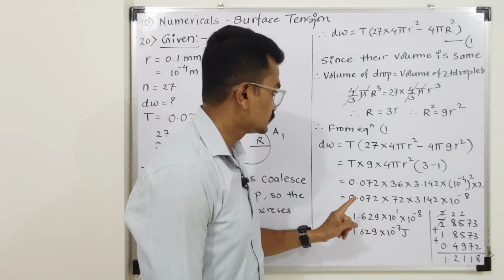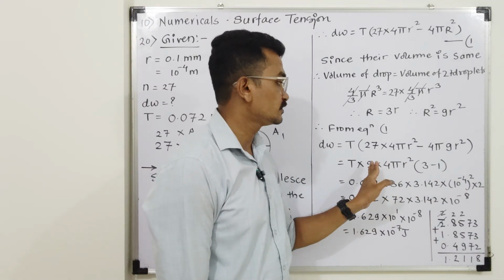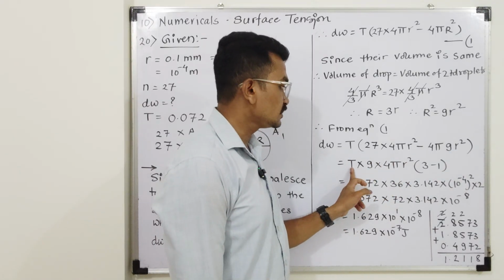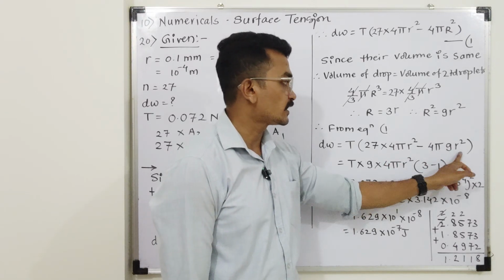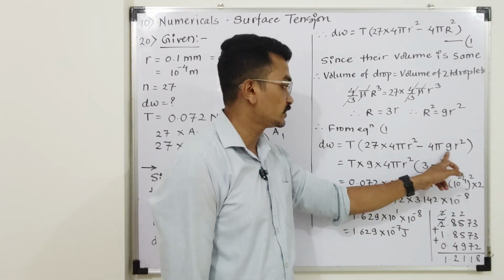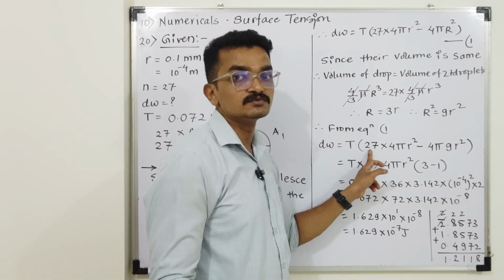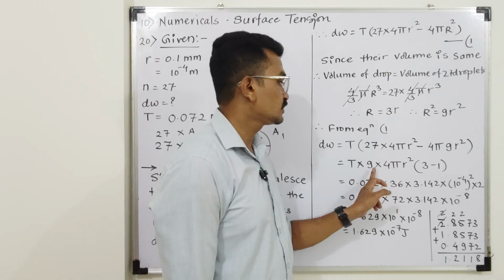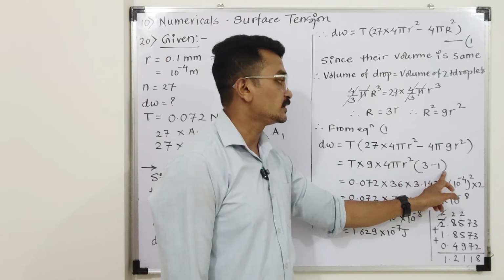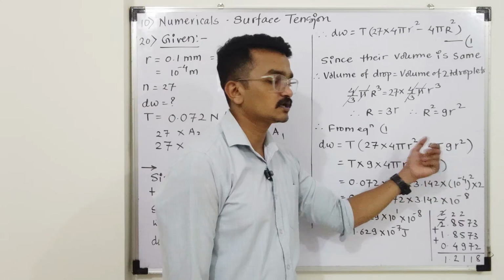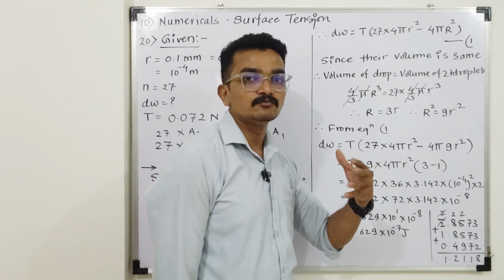Clear? So after taking 4 pi r square outside the bracket, we get T into 4 pi r square common, and 9 is also common, so 27 is 9 times 3, right? So we get 9 outside the bracket, and in the bracket we get 3 minus 1, because the whole term is taken outside, and 27 we get as 9 into 3.